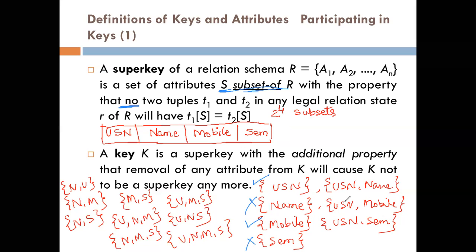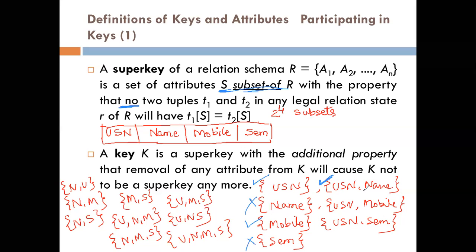Next, can two students have the same combination of USN comma name? USN is the same, name is also the same for two students. Is it possible? It is not possible, because USN obviously has to be unique. So USN and name obviously have to be different.